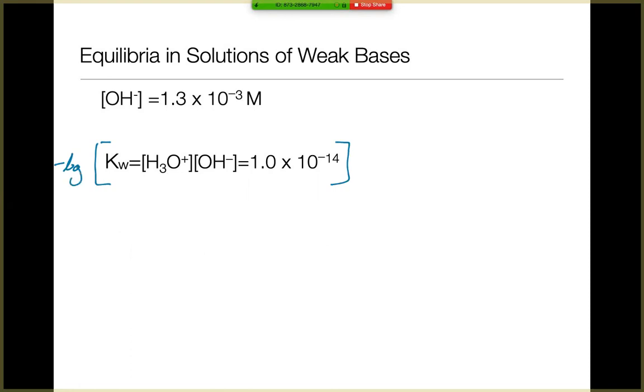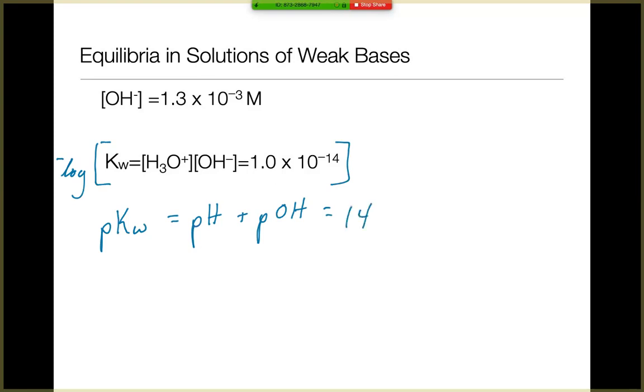That would turn the equation into pKw equals pH plus pOH, and if you take the negative log of 10 to the negative 14th, you get 14.